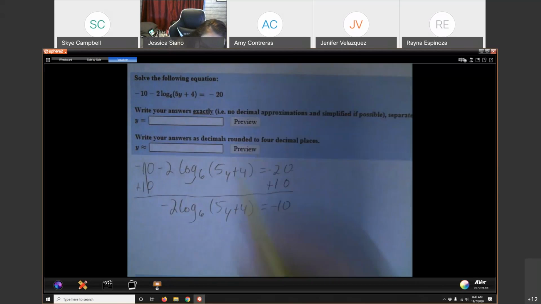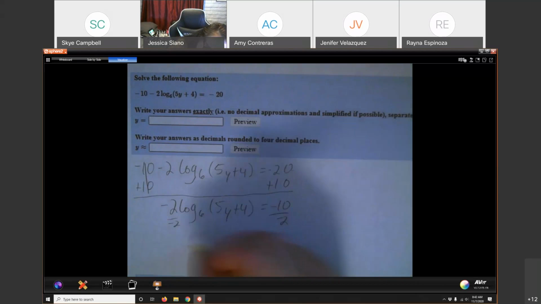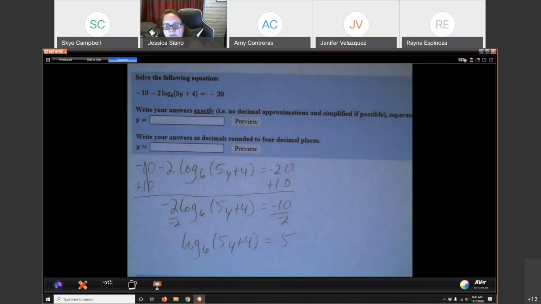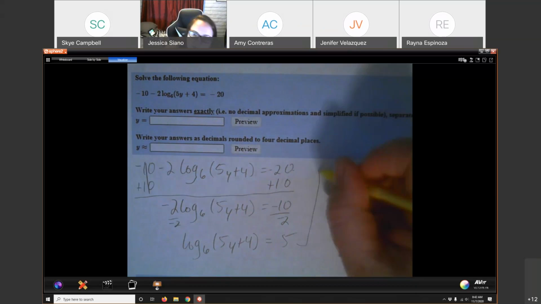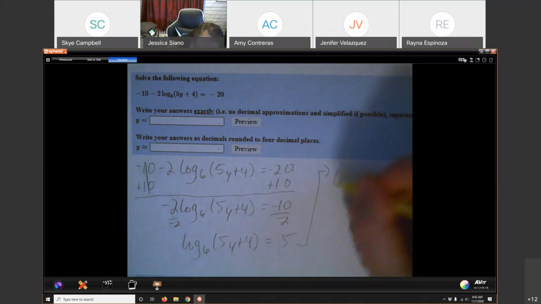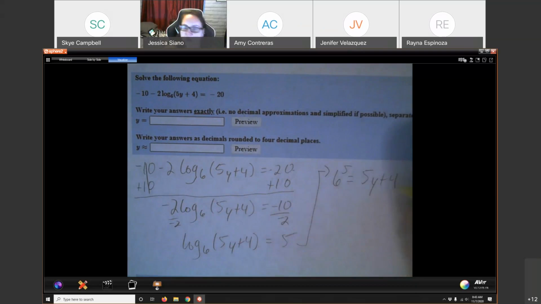Then I'm going to divide this negative 2. And now I'm going to turn this into an exponential. So it would be 6 to the 5 equals 5y plus 4.